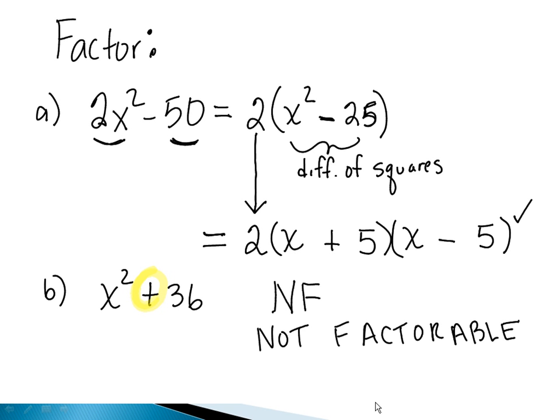Alright, so maybe you are wondering why it's not factorable. So I need to explain that. If you already understand why it's not factorable, you can forward past this part. Okay, so let's just try something that you may think are the factors.